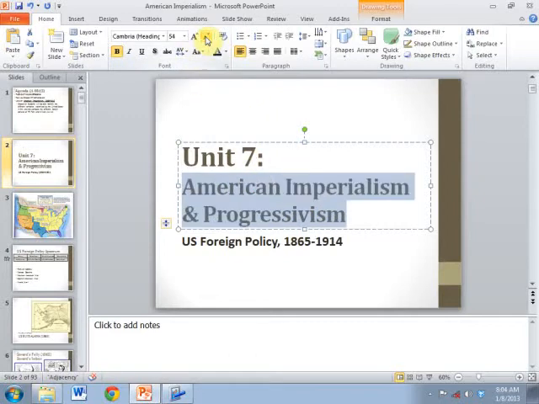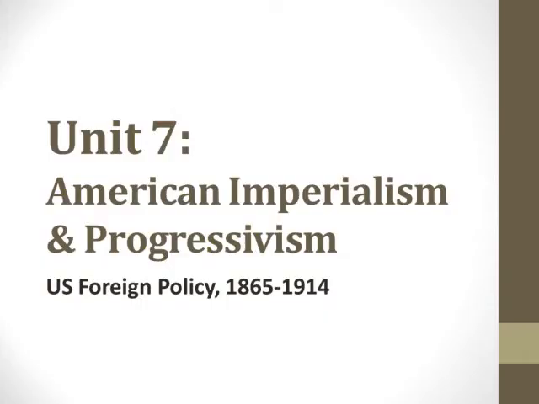I'm going to jot that down. So Unit 7 is American Imperialism and Progressivism. We'll talk about progressivism next week. But this week's topic is going to be U.S. foreign policy. So go ahead and jot down these titles and subheaders into your notes, just so you're aware of the topic for this week.